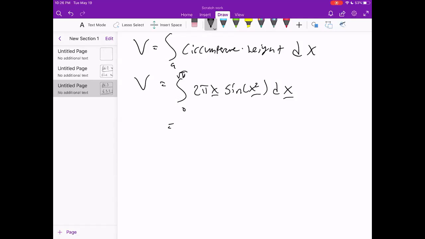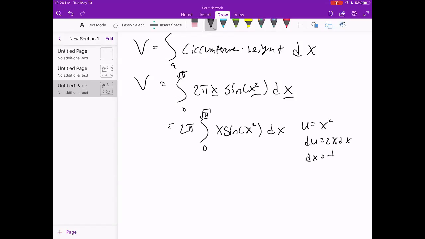So this is the integral. I'm going to pull the 2 pi out: the integral from 0 to the square root of pi of x sine of x squared dx. You look at this and you can't think of any derivative off the top of your head. You can see an x squared here, and the derivative of x squared is 2x, and I have an x right here, so that looks like a good u substitution. If I let u equal x squared, du will be 2x dx, and dx will be 1 over 2x du.